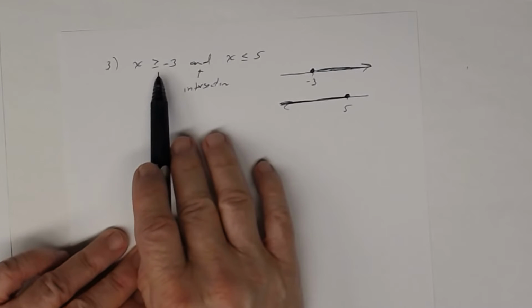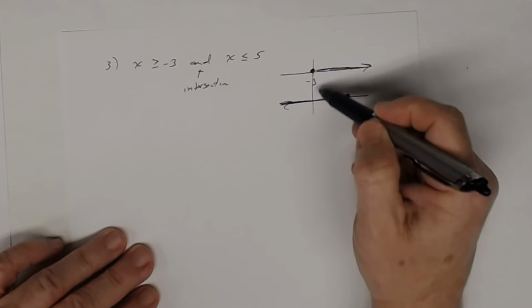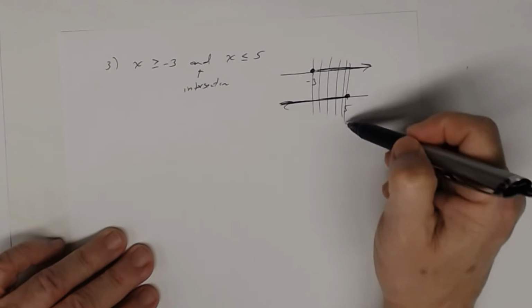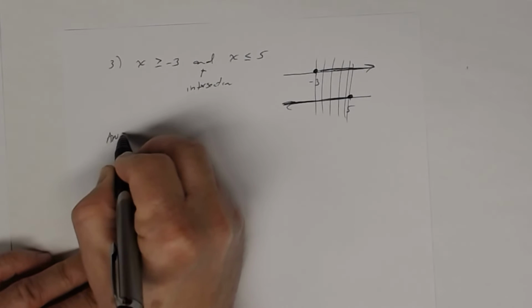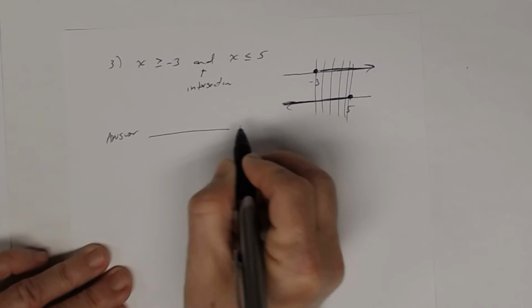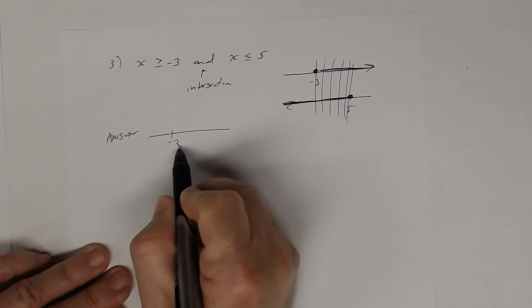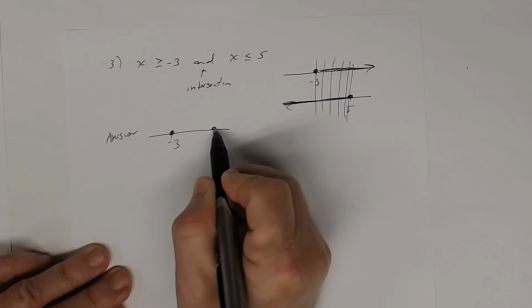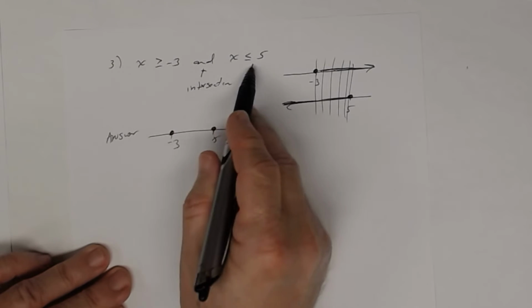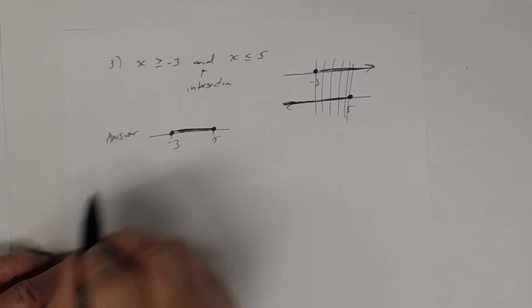So the solution to this compound inequality will be the intersection of those two individual graphs, what they have in common. And so therefore your answer in terms of closed and open circles will be from -3 to 5, closed circle on both, because they both are solutions because of the equal signs, and you shade in every real number between them.